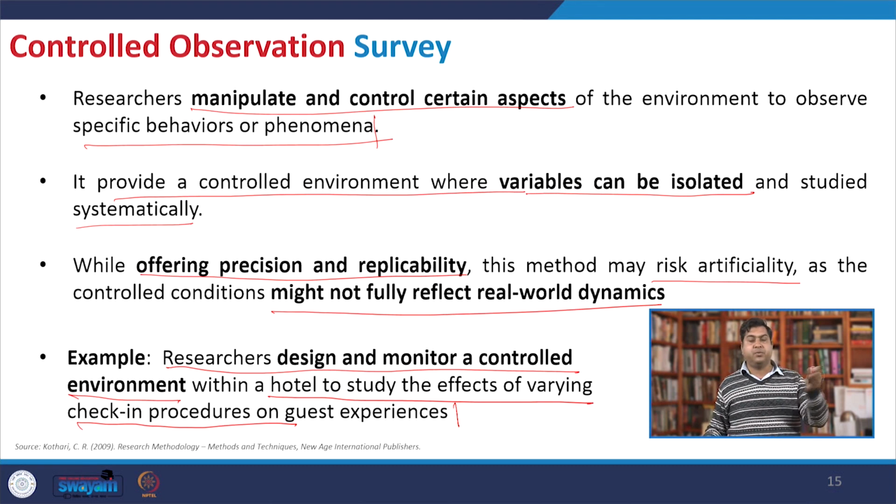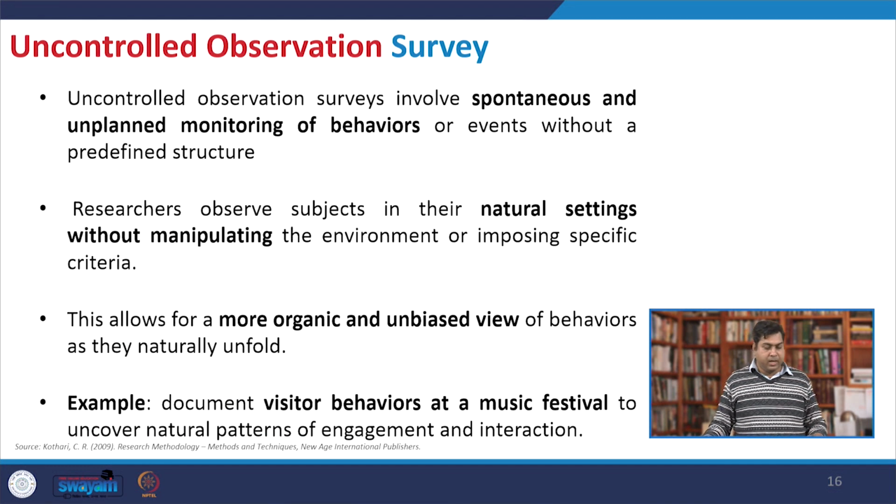You must have seen some such experiments, how people react to certain actions. So for such behavioral studies it is used in a controlled way, but again in this case there may be some issue of artificialness in that particular experiment.